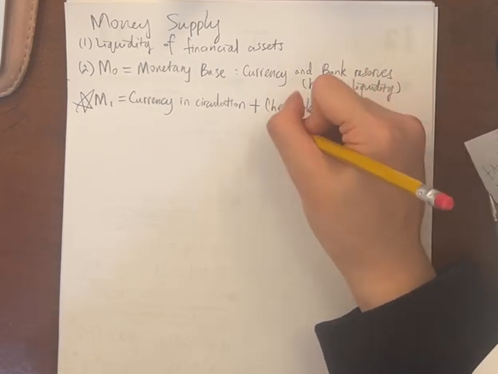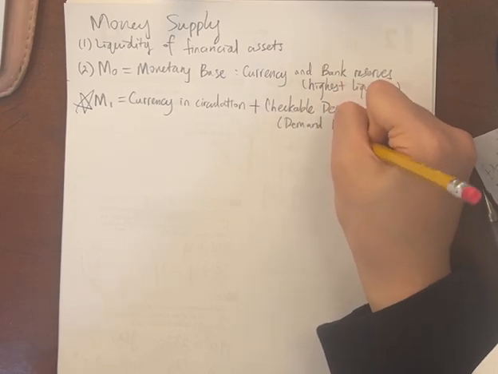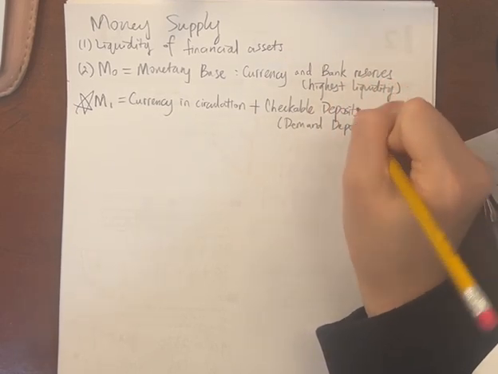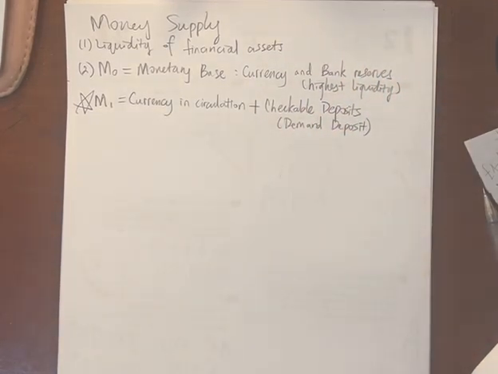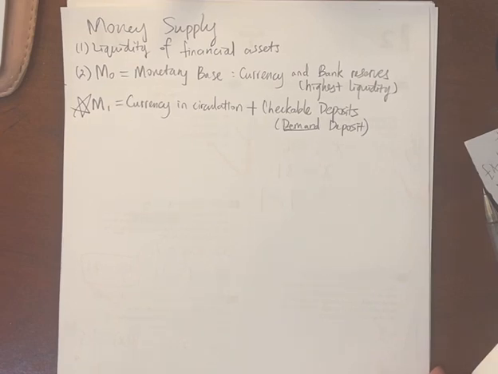And also, or demand deposits. These terms can be used interchangeably, and actually in recent years the College Board has been using demand deposit more frequently than checkable deposit, so know that these two terms mean the same thing.